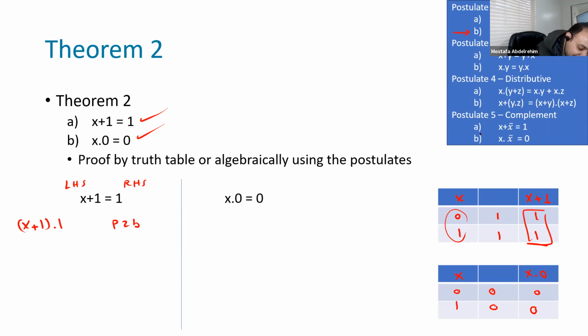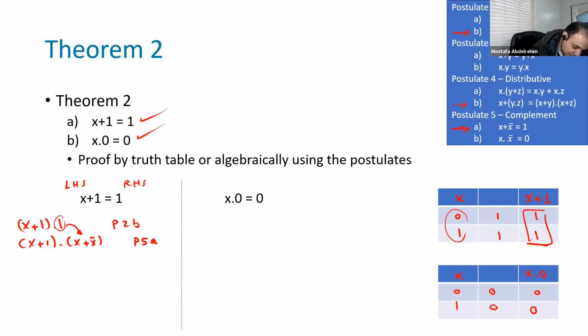And actually 1 is x or x bar. So x or 1, x or x bar. So we can remove this one and put x or x bar. This is postulate 5a. And this is again the distributive property, the same sequence. For the distributive here, this is similar to 4b.